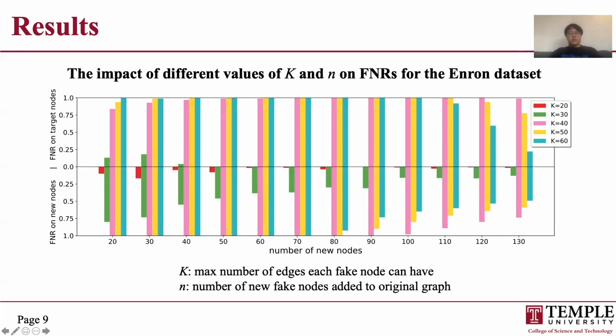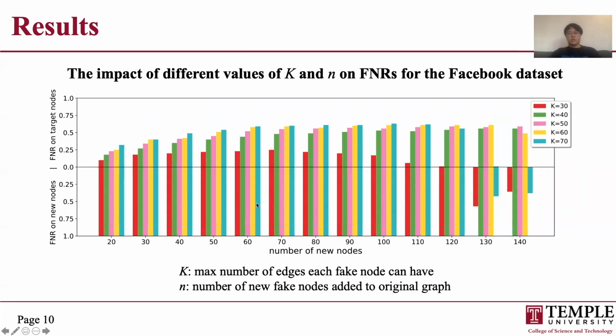The upper part is the false negative rate on the target nodes, and the lower part is the false negative rate on the new nodes. As you can see, our proposed attack can achieve a 100% false negative rate on both target nodes and new nodes under many different combinations of K and N.